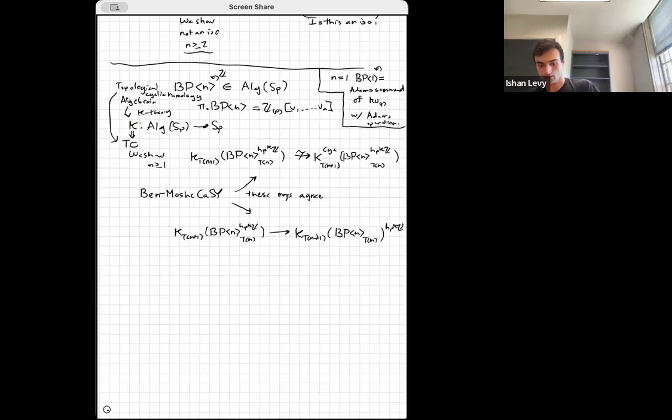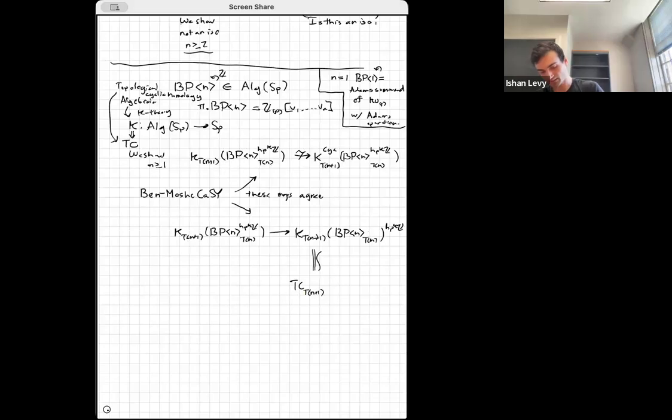So the key point is that this K theory that you're interested in, a bunch of results, some recent and some less recent, identify the K theory. Well, okay, they identify this Tn plus one localized K theory with Tn plus one localized TC.